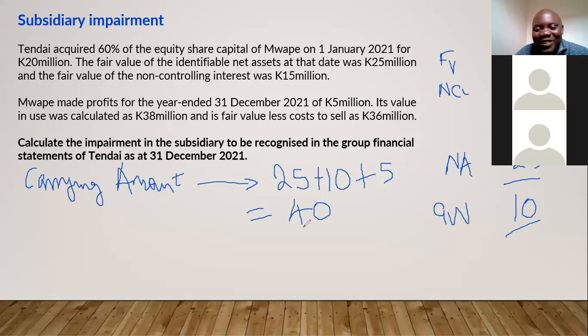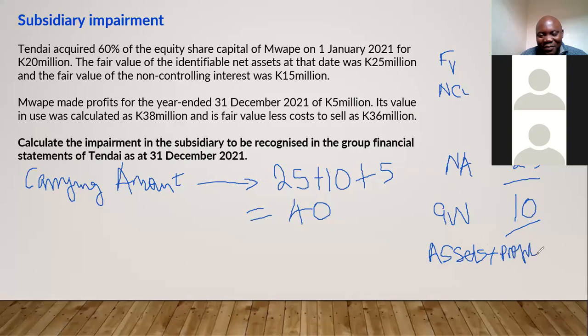In short, Victor, do not get confused. This is basically your accounting equation. All you are saying is that you have assets. These are the assets that you had at the time that you acquired the company, plus profits.